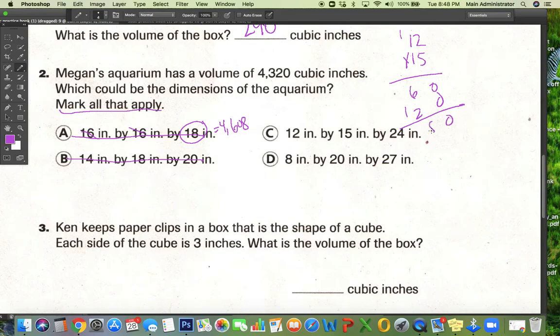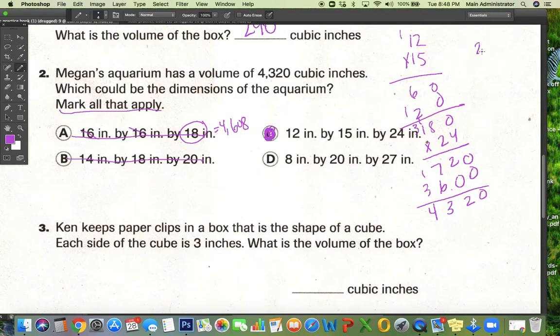I've got 180 and multiply that by 24. 4, 5, 6, 7. 0 is my placeholder. 16, 2, 3. Oh, this works. That's the same. So C works. Great. And let's take a look at this last one.